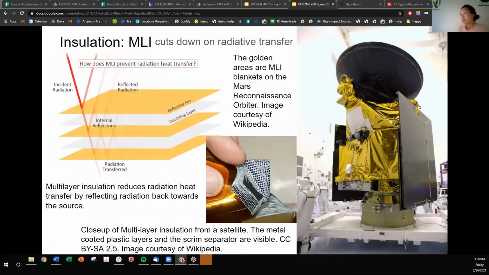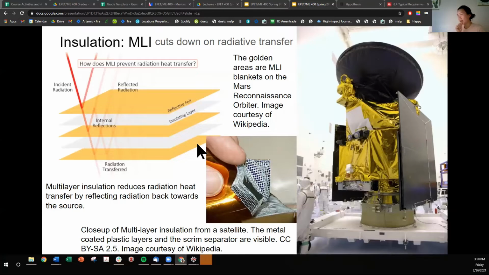All right, let's talk about insulation. Commonly, we see insulation in the form of MLI, which stands for multi-layer insulation. The layers of MLI are typically a reflective foil and then an insulating layer, and then you reiterate this pattern.